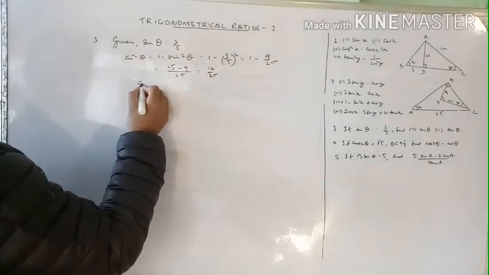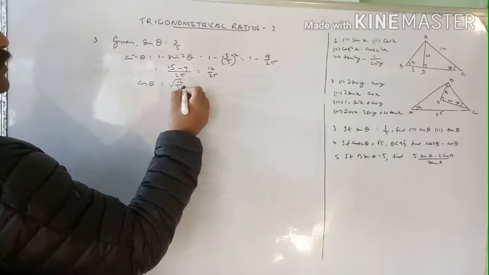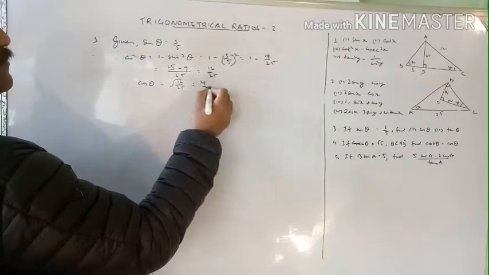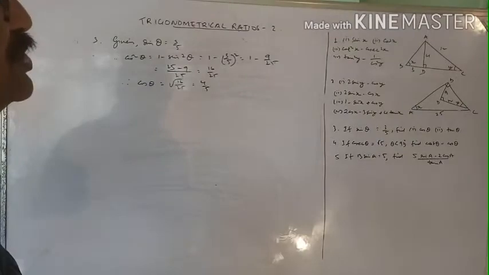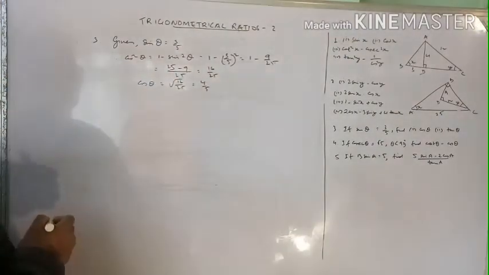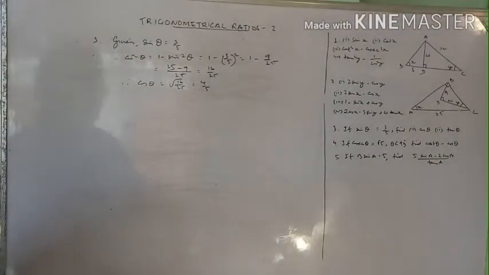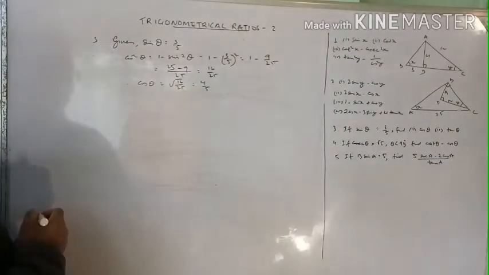Therefore cos theta equal to root over 16 by 25. So this is 4 by 5. Now remember, theta is an acute angle here, so the value of cos theta will be positive. When theta is acute, all the ratios are positive. So we take the plus sign only.